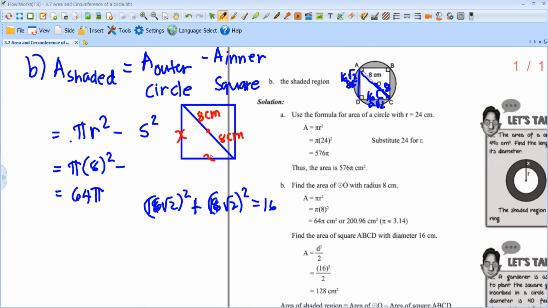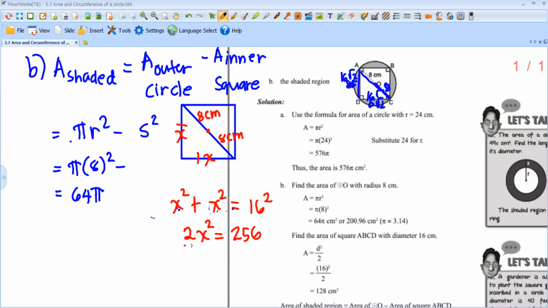All right. So we will be using, the square has the same sides. So let us use the formula x squared plus x squared is equal to 16 squared. So that will be 2x squared is equal to 16 squared, which is 256.